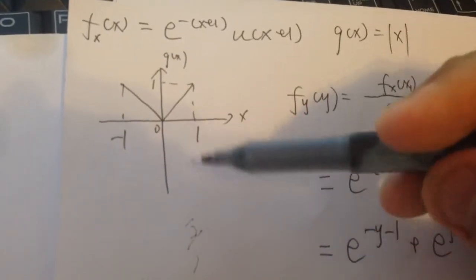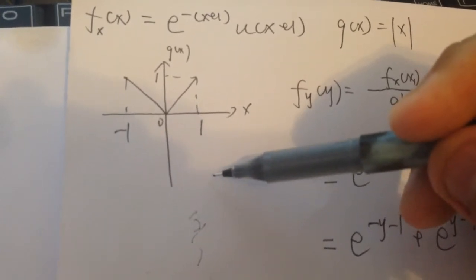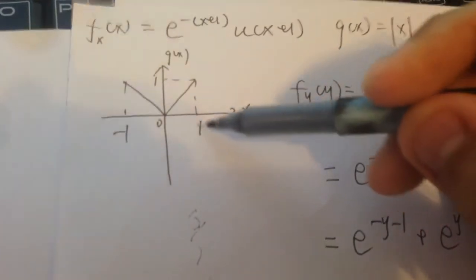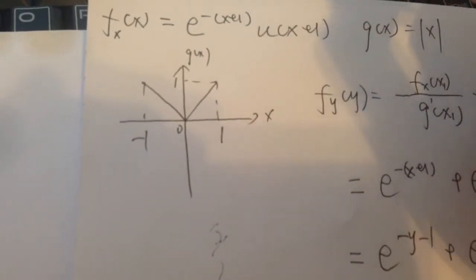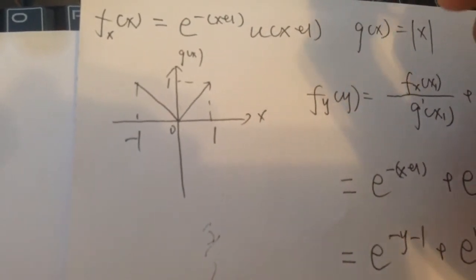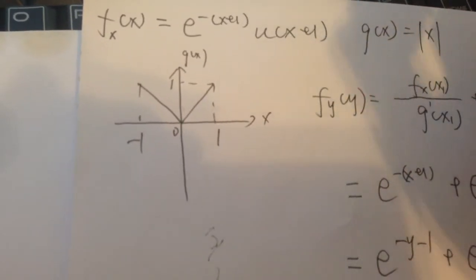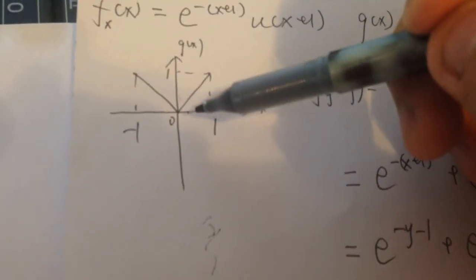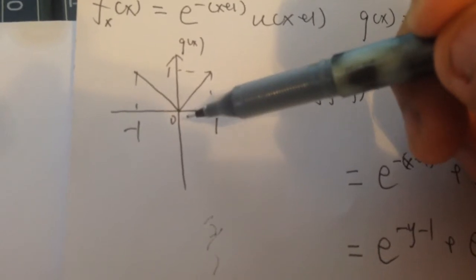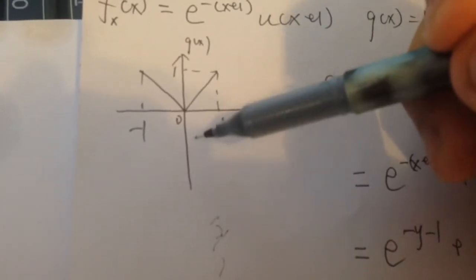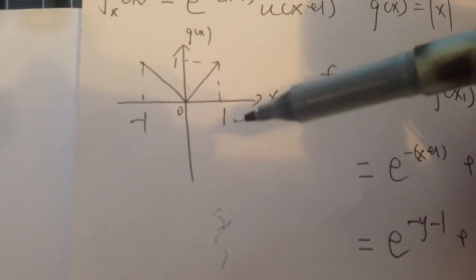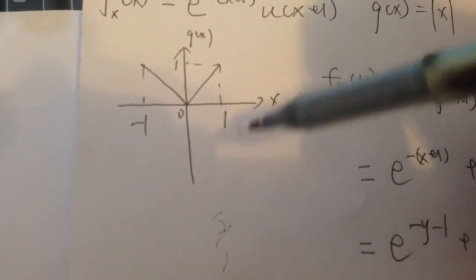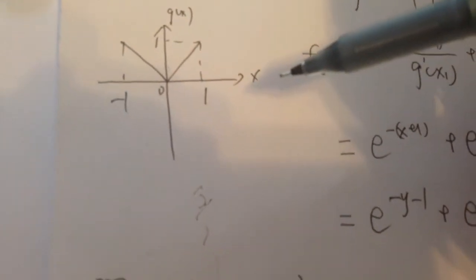So here we can see when y, that is g(x), is bigger than 1, it's going into infinity. So here we know that little f(y) of y is 0, and when y is less than 0, it goes into negative infinity, little f(y) of y is also 0.